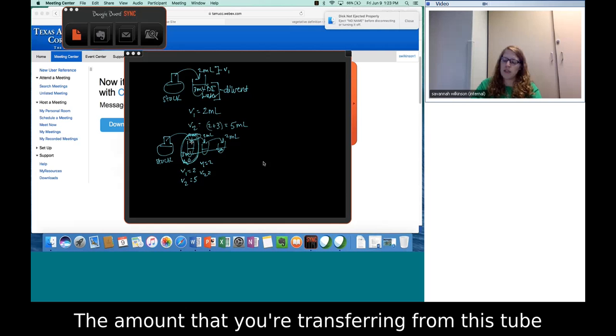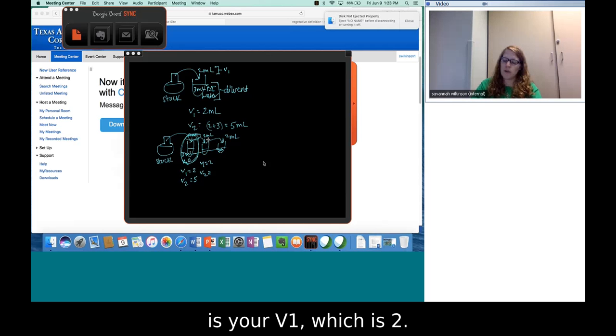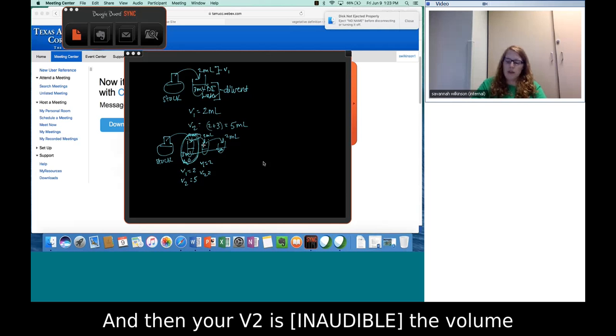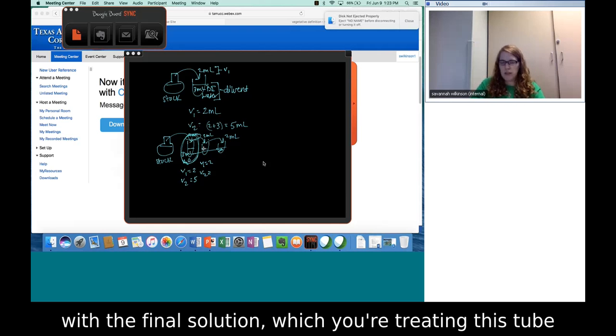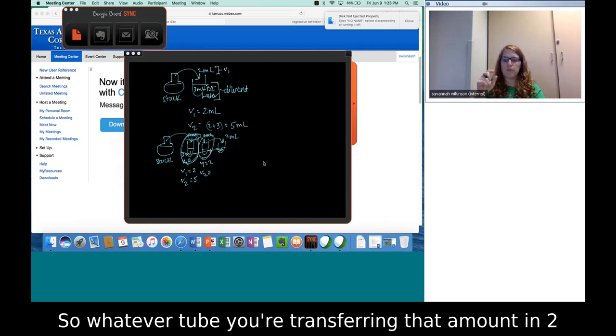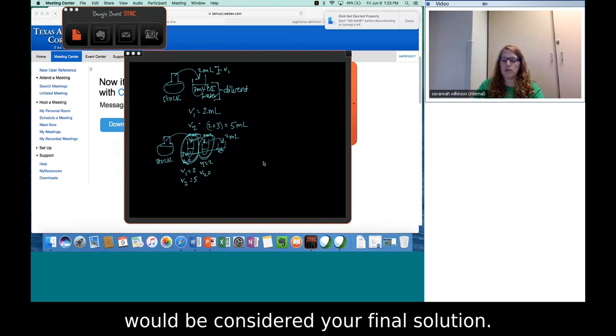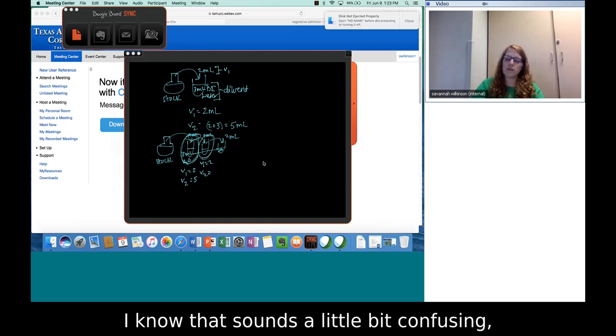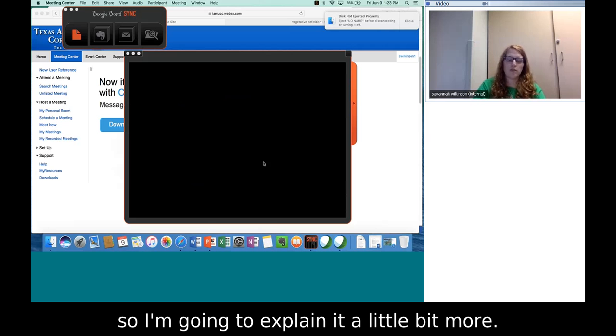The amount that you're transferring from this tube is your V1, which is 2, and then your V2 is the volume of the final solution, which you're treating this tube as. So whatever tube you're transferring that amount into would be considered your final solution. I know it sounds a little bit confusing, so I'm going to explain a little bit more.